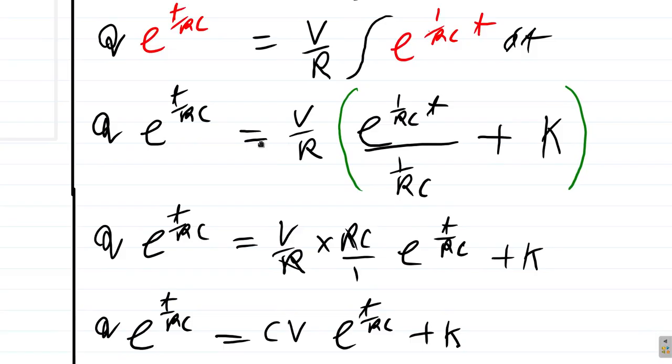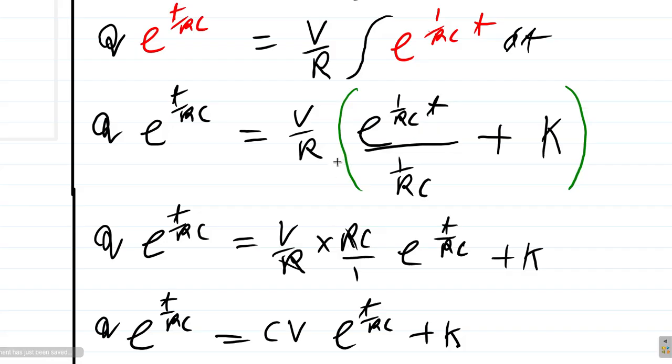So when we remove a bracket, the V over R multiplies the e to the 1 over RC t over 1 over RC, right? So it takes care of this part.